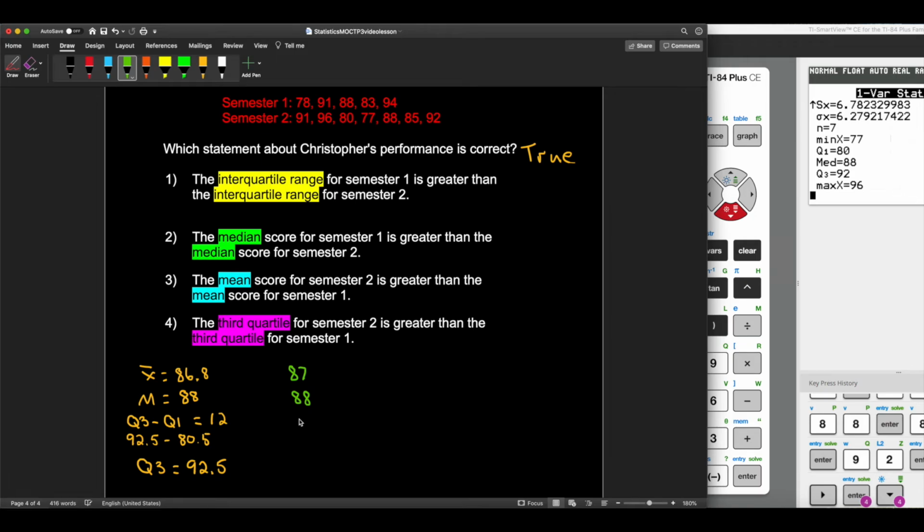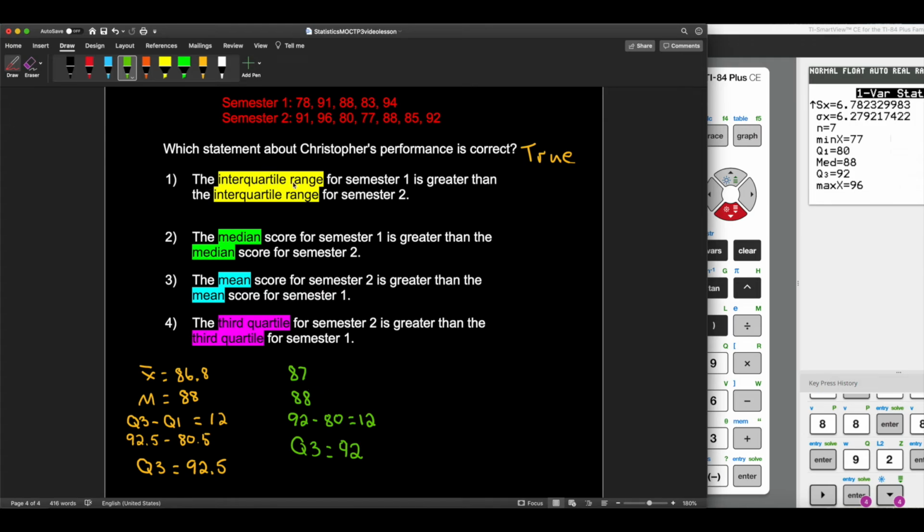Q3 minus Q1 for the interquartile range, so that is 92 minus 80, which is going to give us 12. And then, of course, Q3. I don't know why I wrote that instead of not the others, but that's 92. Okay. Whoop, looks like a 4. Okay, here we go.